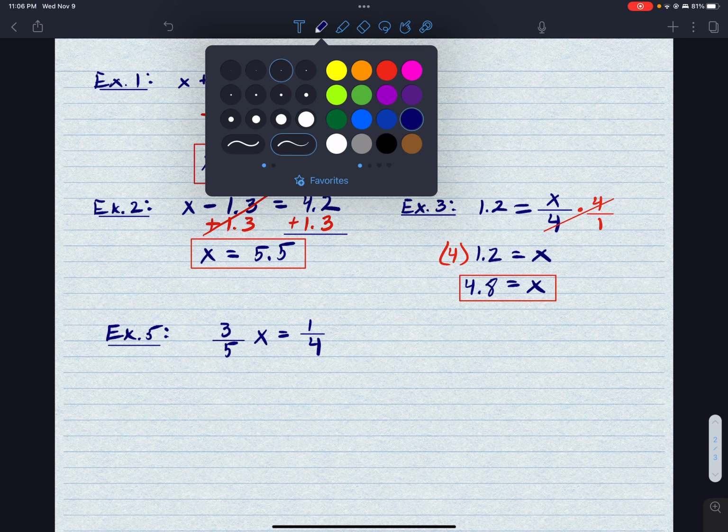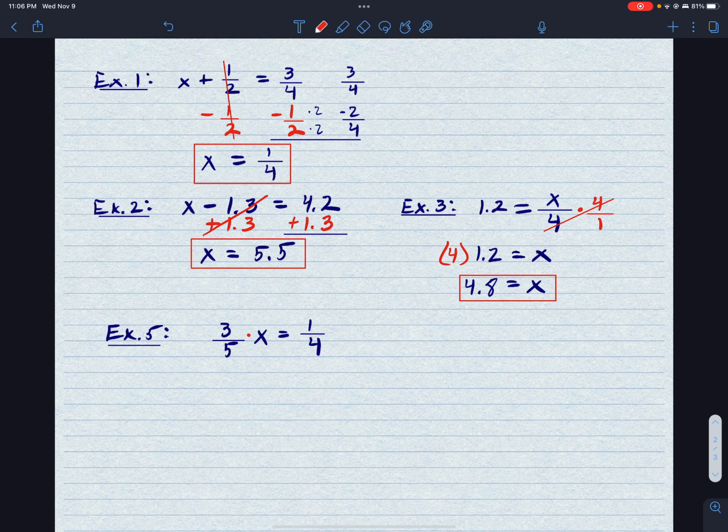You could consider it one thing, but if you wanted to get into the nitty-gritty, it's also two things. This is 3 times x, and then that's being divided by 5. So x is being both multiplied by 3 and divided by 5. Collectively, that's the same as multiplying by 3 over 5.